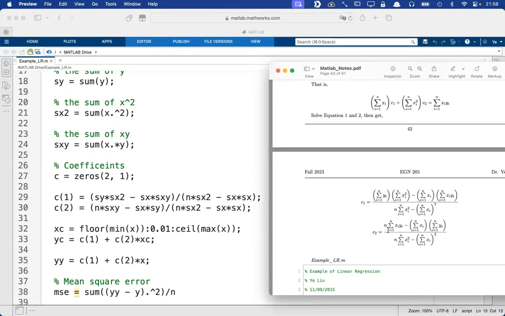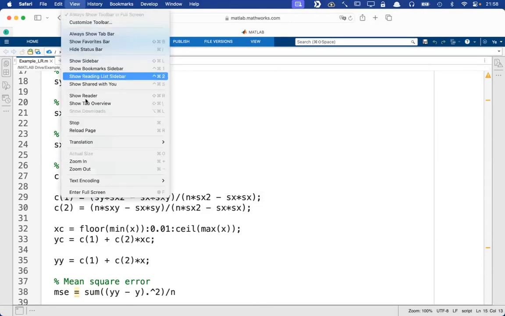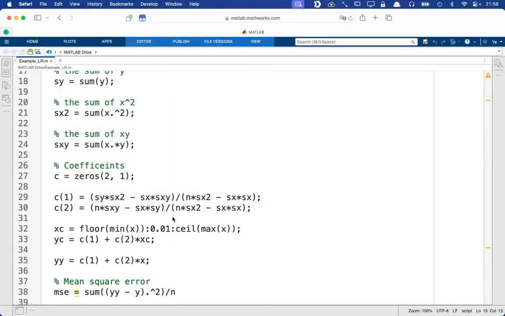C2 similarly, so n times the sum of xy minus the sum of x times the sum of y, over, as we said before, the denominator is the same, so n times the sum of x squared minus the sum of x squared. Okay, so now we just use this formula.